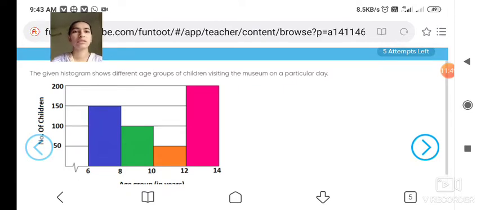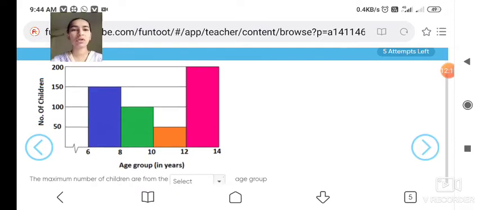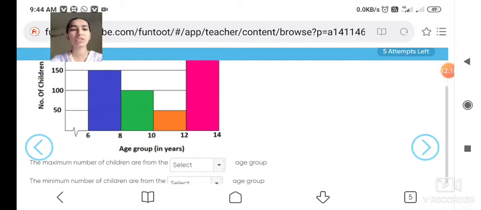Now the next: the given histogram shows different age groups of children visiting the museum on a particular day. On the vertical line is the number of children, that is 50, 100, 150 and 200, and on the horizontal line the age of children is given in years. The maximum number of children are from the dash age group.